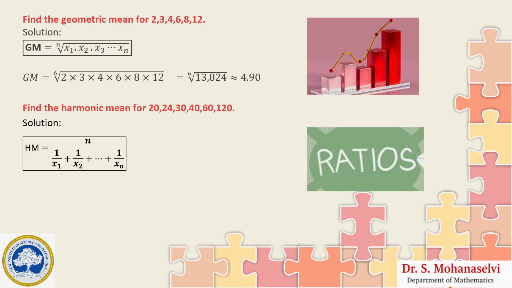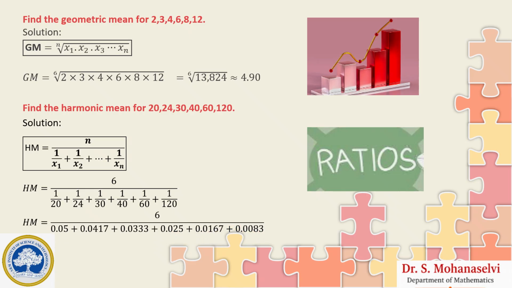We have 6 divided by the sum of the reciprocals of each of the individual observations. And then we get the harmonic mean as 34.29.